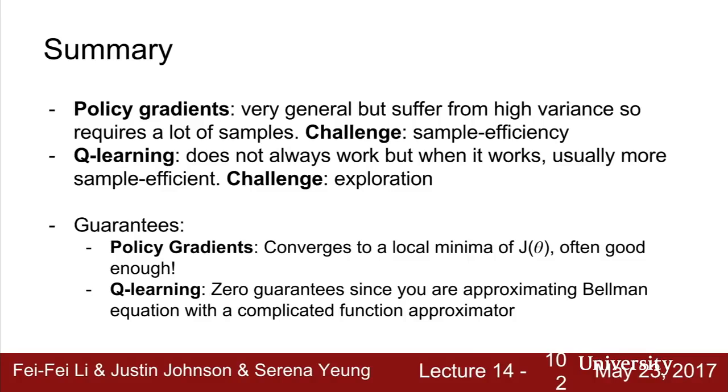It's sometimes harder to get it to work because of the problem we talked about earlier, where you are trying to compute this exact state-action value in very high dimensions. But when it does work, for example on the Atari problems we saw earlier, it's usually more sample efficient than policy gradients. One of the challenges in Q-learning is making sure that you're doing sufficient exploration.